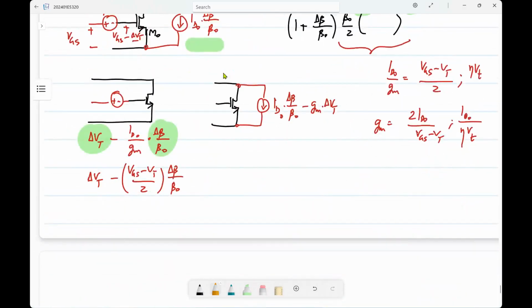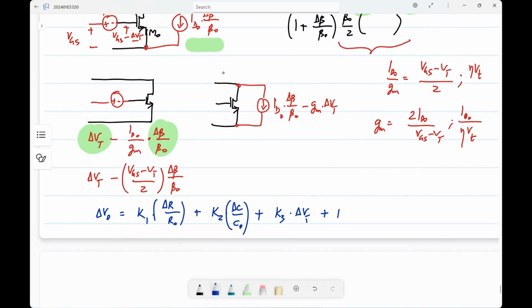Okay. So you may get something like the change in the output voltage would be some constant times change in the resistance plus some other constant times the change in the capacitance plus some third constant times delta VT plus some fourth constant times delta beta by beta naught.